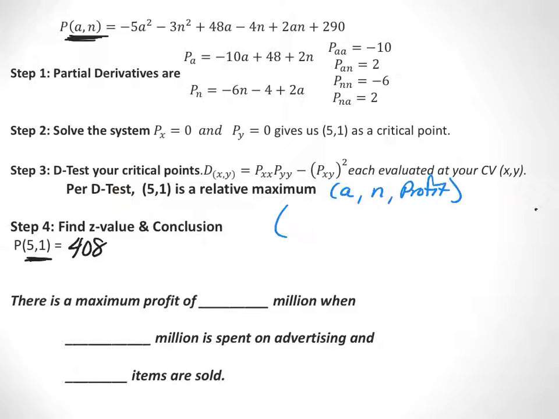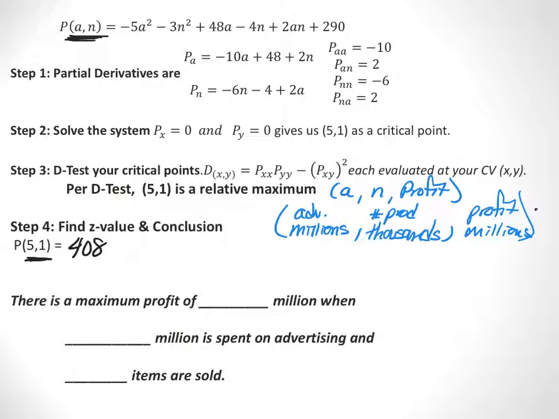And A is the amount in advertising, so this is advertising in millions. N is the number of products that we sell, and that's in thousands. This is from the original problem statement. And the last is profit, and that's in millions. So we have to be careful of the units.